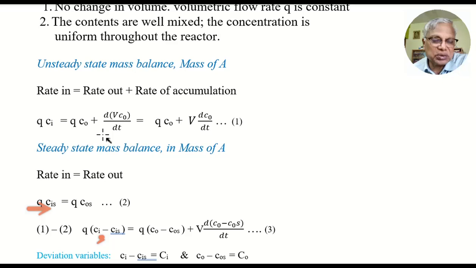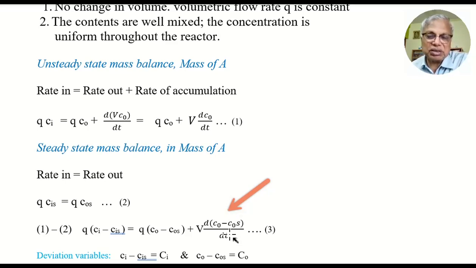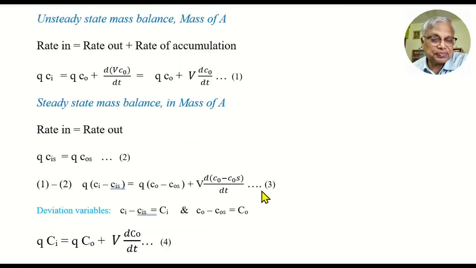On the right hand side, Q times Ci minus Ci S minus Q times C0 minus C0 S, plus V times d of C0 minus C0 S by dt, because C0 S is a constant. The term d of C0 minus C0 S will be the same as dC0. So by subtracting I modified this C0 as C0 minus C0 S.